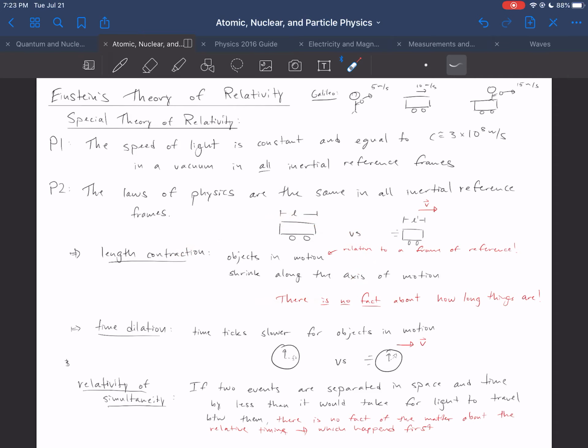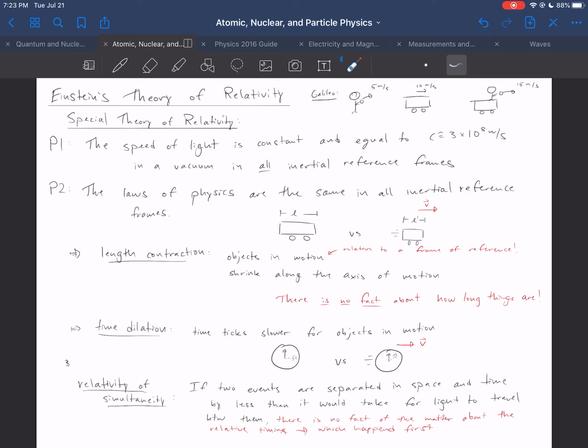So if that clock is on the object, on the cart, and from the clock's perspective, it views the rest of the world as moving, then it will see the rest of the world as ticking slowly, whereas it ticks normal.